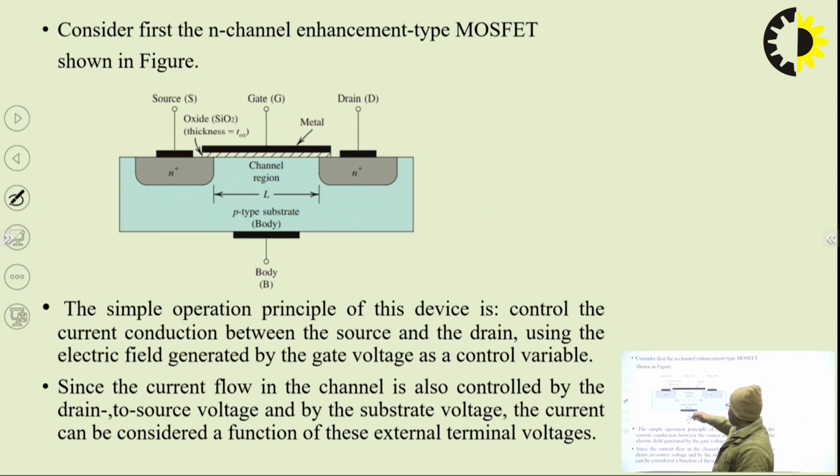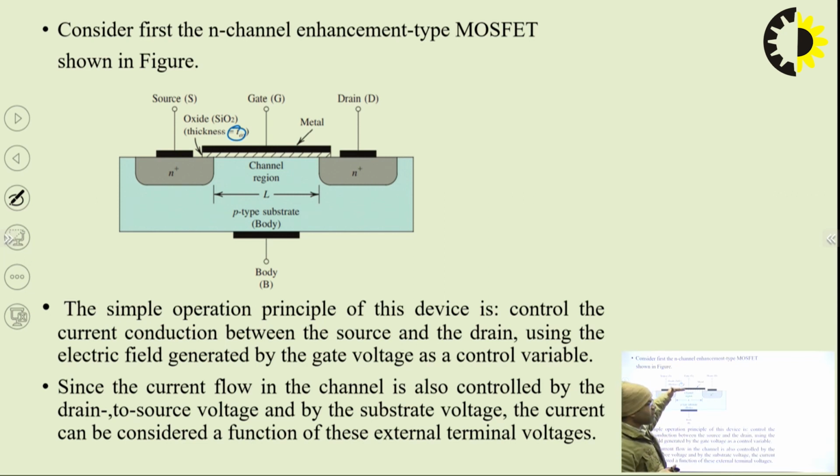So in this structure, we can see that the N plus terminal is treated as source, this N plus terminal is treated as drain, and this is the gate terminal, and the thickness of oxide is indicated by TOX.